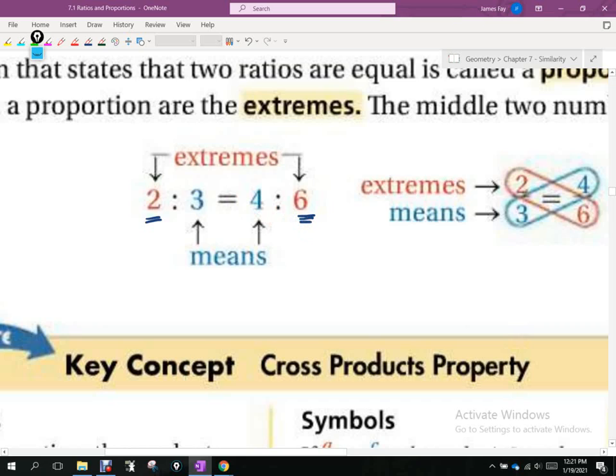The first and the last things, think about a thermometer: the first value all the way at the bottom, and the top value all the way at the top.